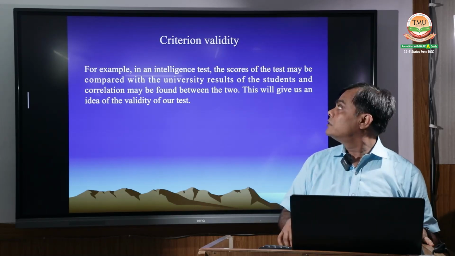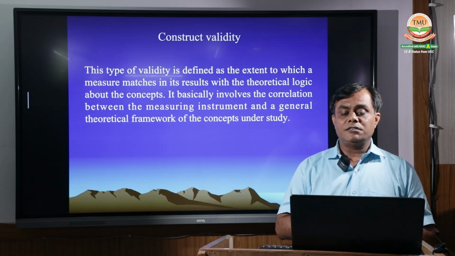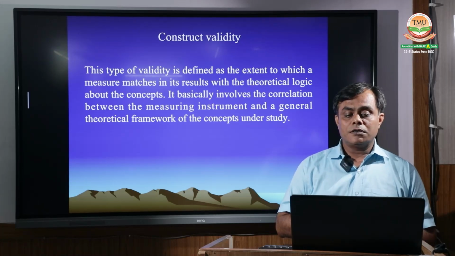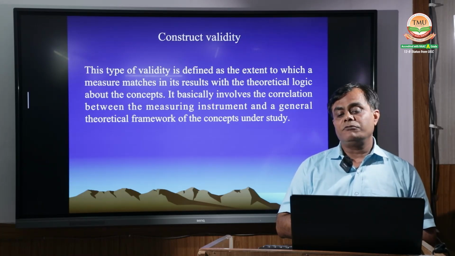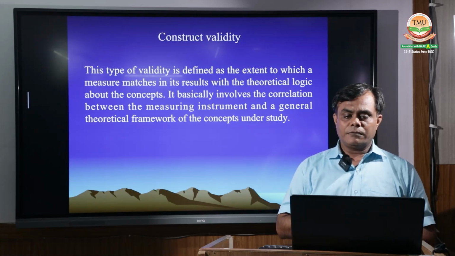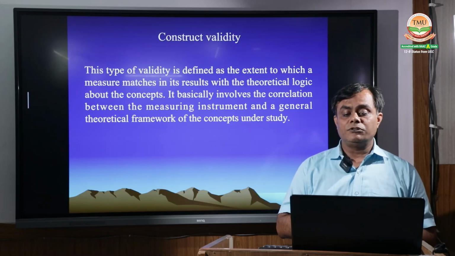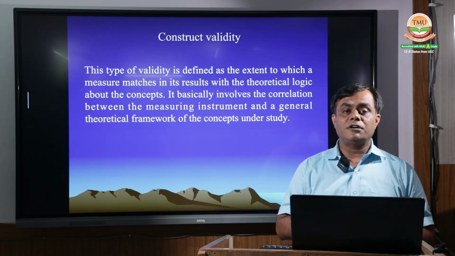The last one is construct validity. This type of validity is defined as the extent to which a measure matches in its result the theoretical logic about the concept. It basically involves the correlation between the measurement instrument and the general theoretical framework of the concept under study.